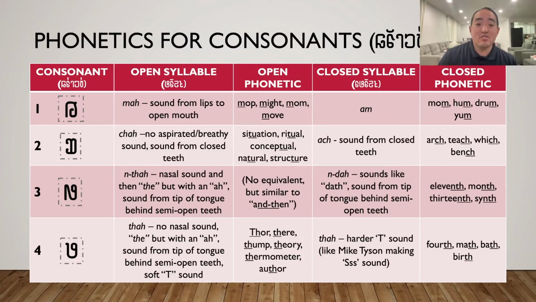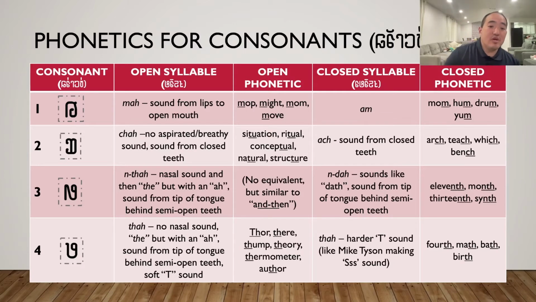So the tip of your tongue should be right behind that. So nda, ndat, right? And you'll hear this sound pronounced in words like 11th, or month, 13th, or synth, right? The NTH sound, pretty much. And that's how you pronounce the open and closed syllable of the consonant nda, ndat, okay?